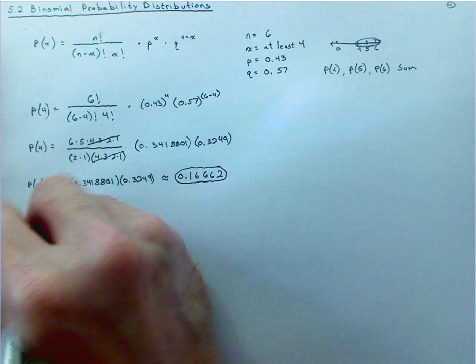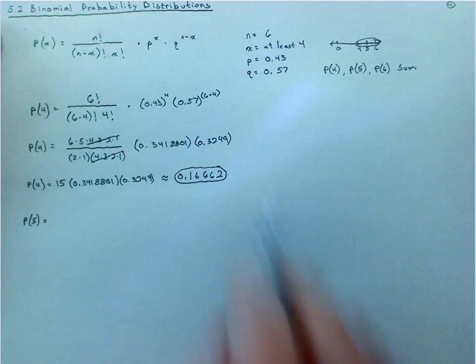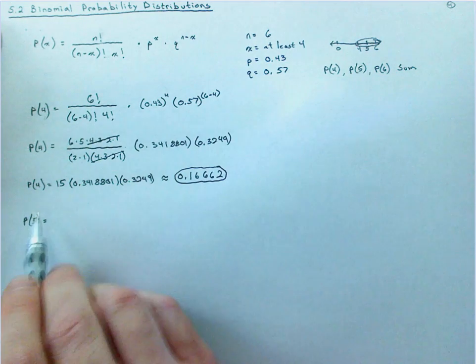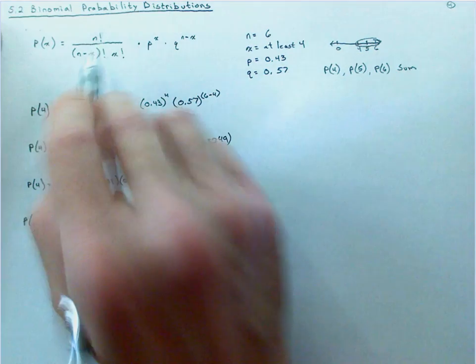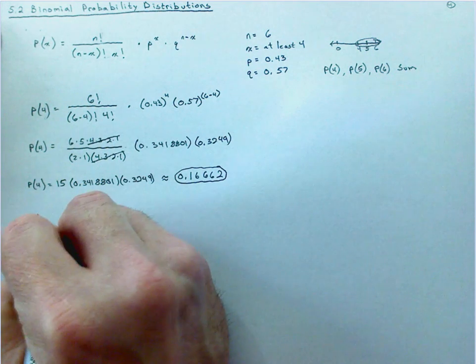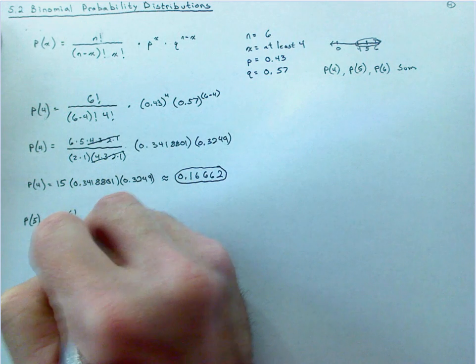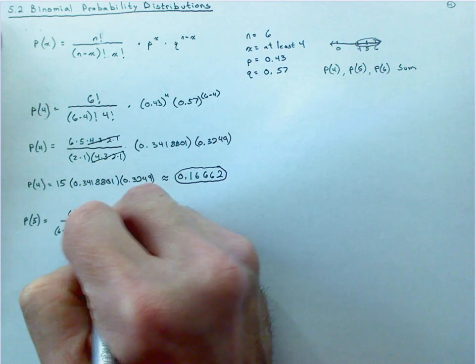So what about 5 successes? That is now my x value, and I'm going to plug in 5 for all my x's. So I have 6 factorial over 6 minus 5 factorial times 5 factorial.